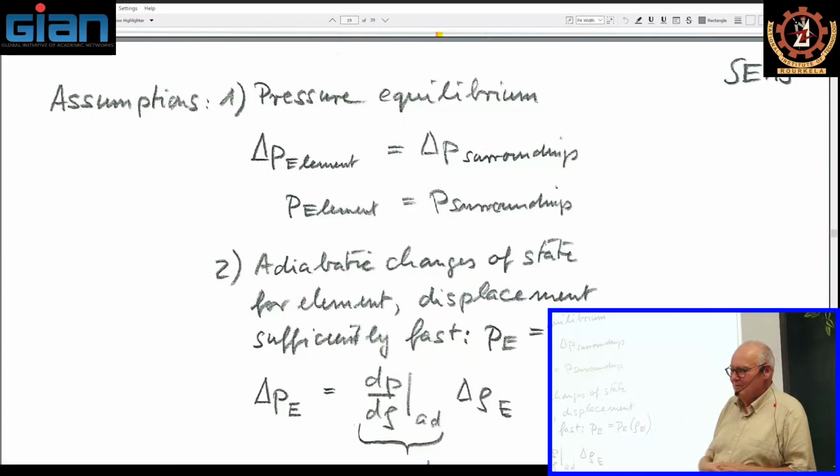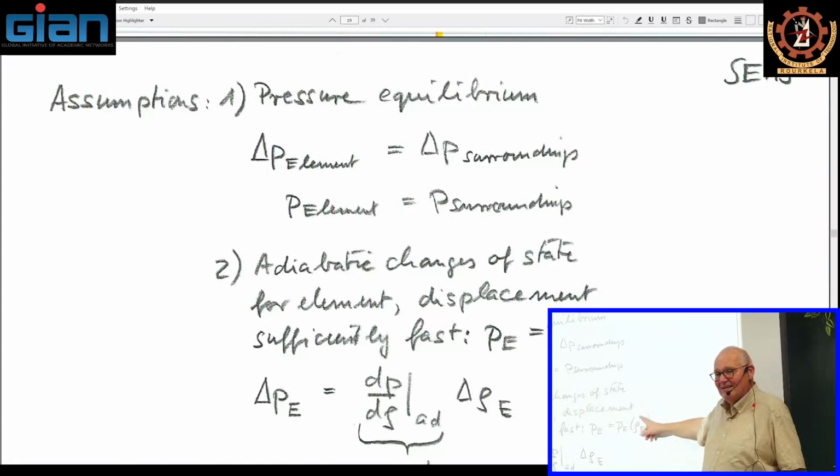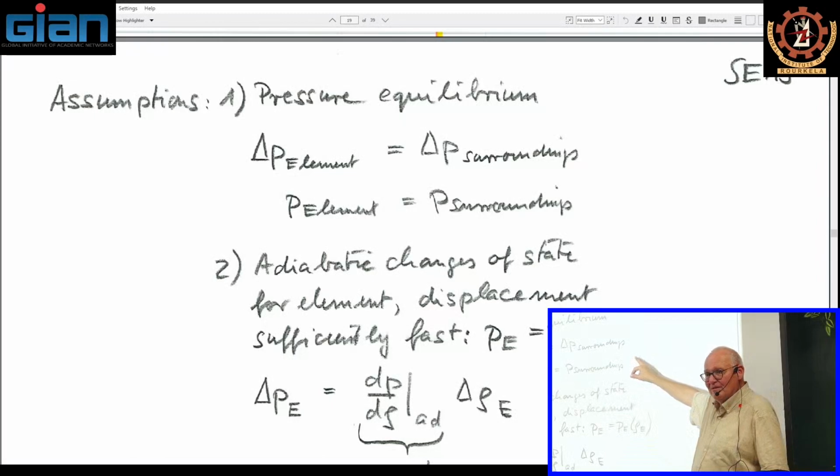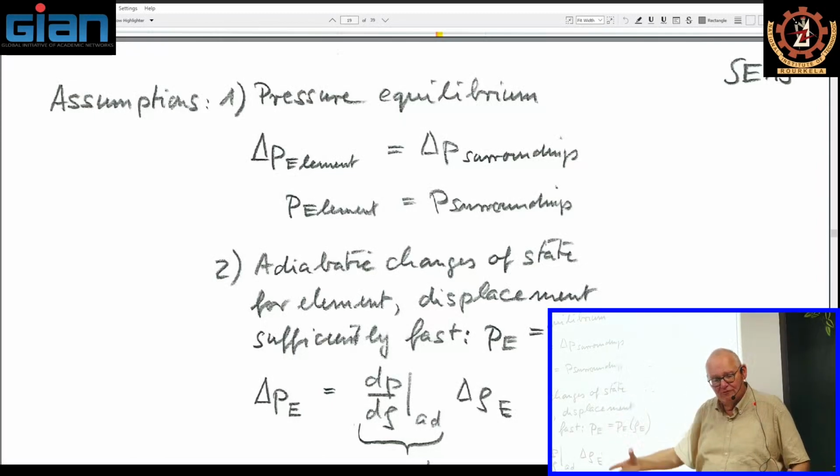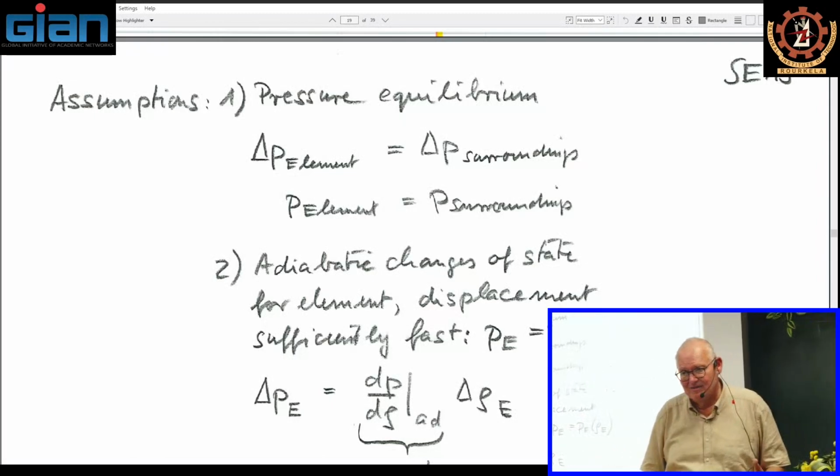Well, you get out of the contradiction by considering the thermal time scale on which this should happen. Here you compare changes with respect to the thermal time scale, and here the time scale you have to consider is the mechanical time scale.